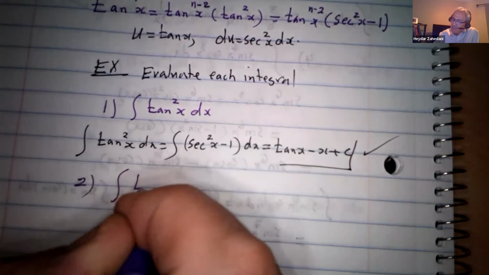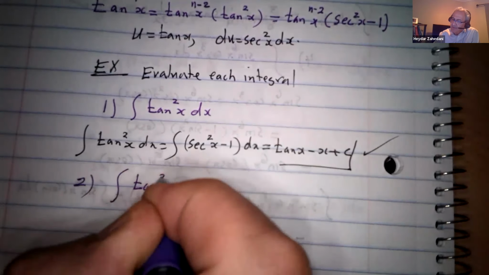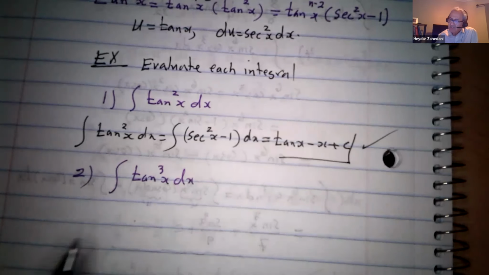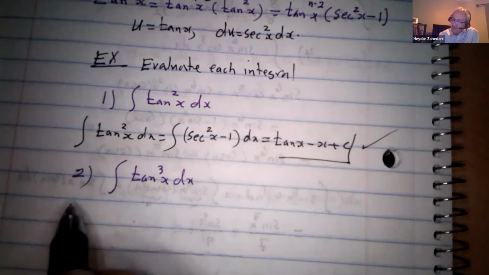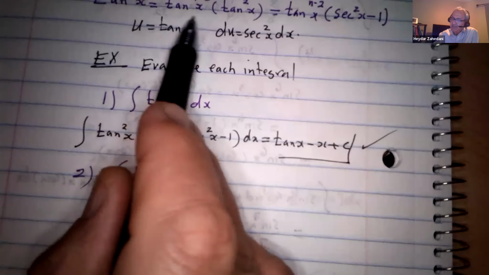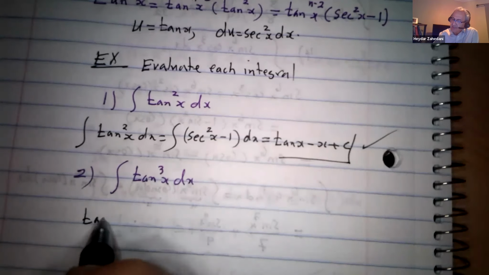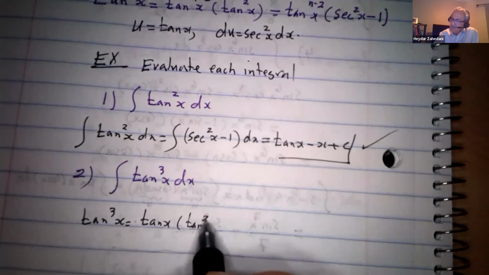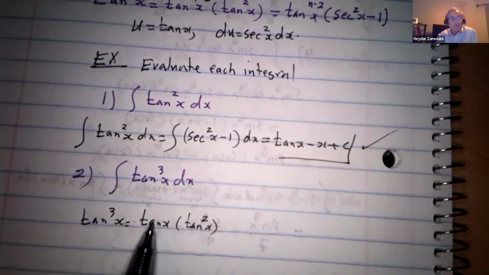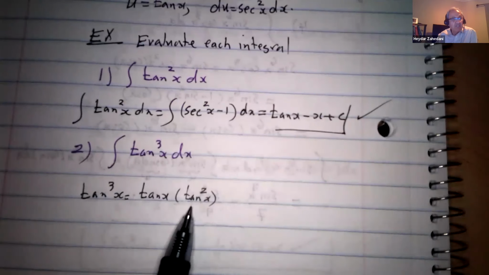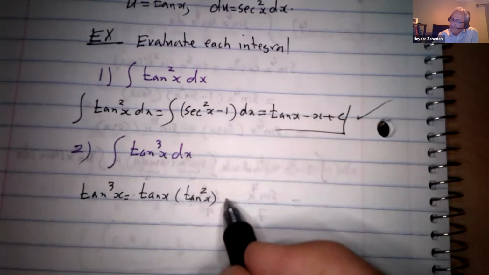Let's see what would happen to the tangent cubed. Again, you need secant squared. You can get the secant squared plus tangent squared. So you break this one as I talk about it here. This is a tangent cube. Take out one tangent squared, so the leftover would be one tangent. Now change the tangent squared into the secant squared minus 1.